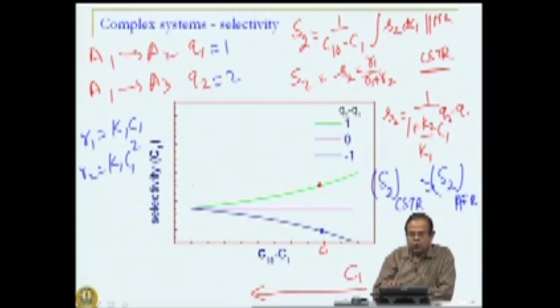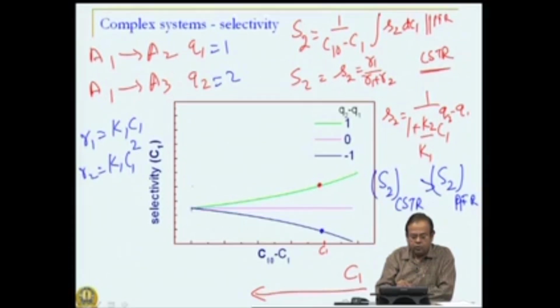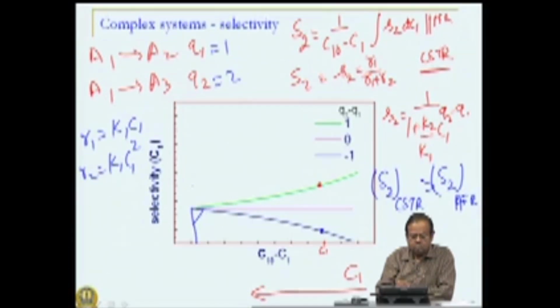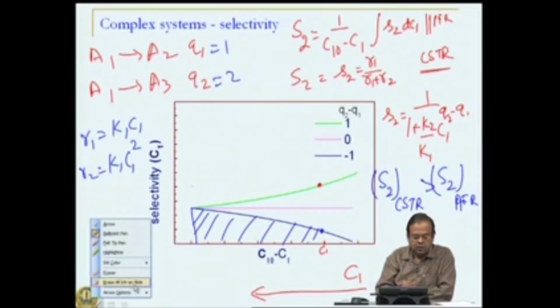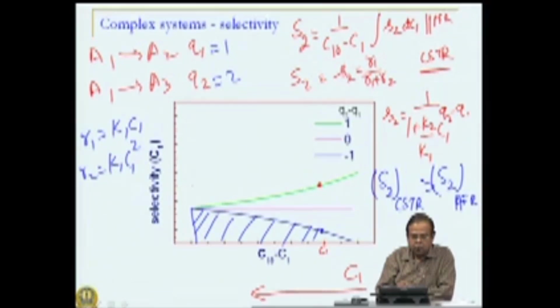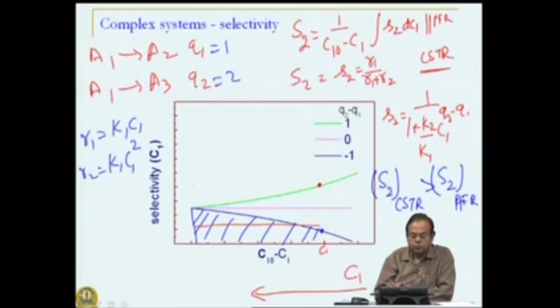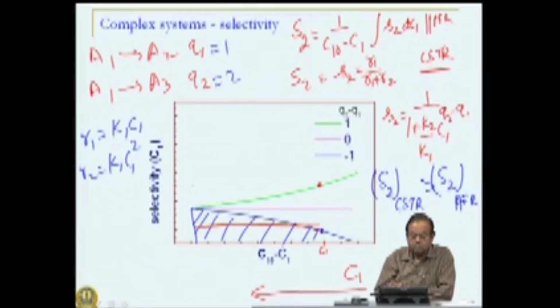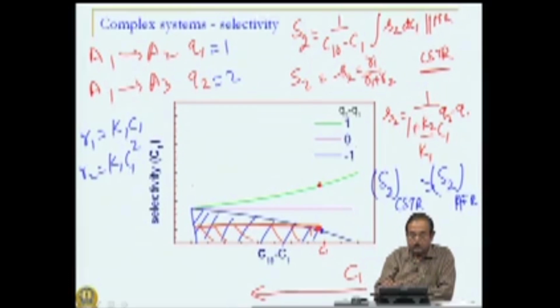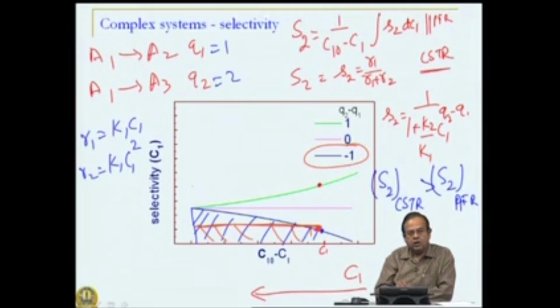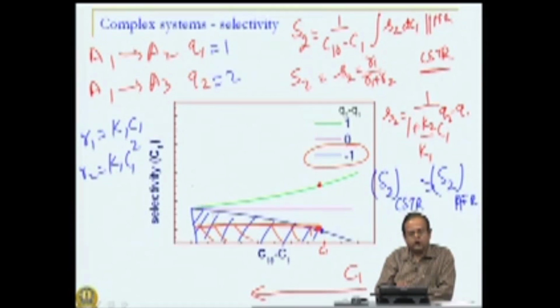Once again, for the same concentration, the area under the curve for a plug flow reactor is higher than the area of the rectangle somewhere over here, the area of this rectangle which is for CSTR. That means, for this particular case CSTR selectivity is lower compared to plug flow selectivity.